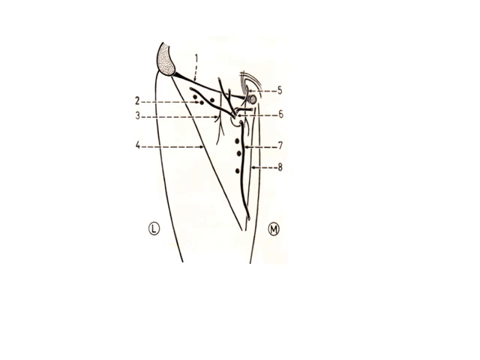Number 7 is the great saphenous vein, which lies vertically and ascends on the medial side of the femoral triangle to enter the saphenous opening to end in the femoral vein.